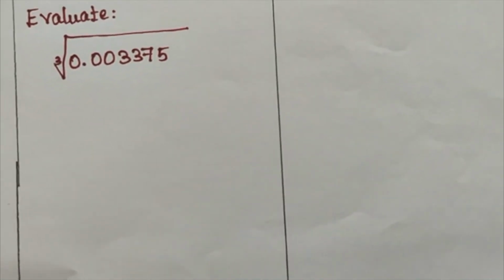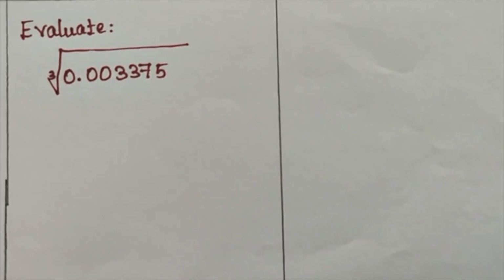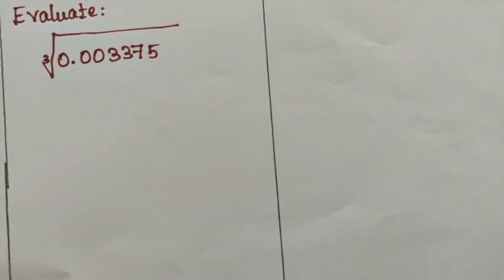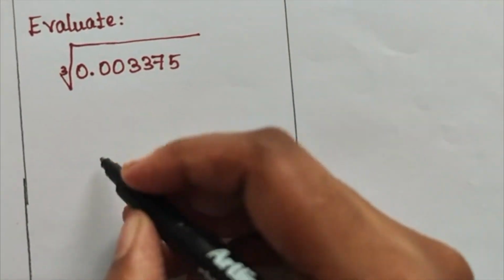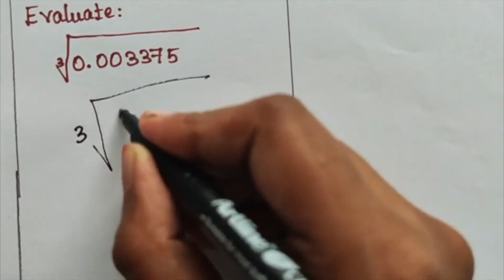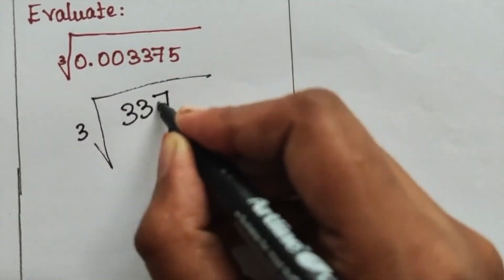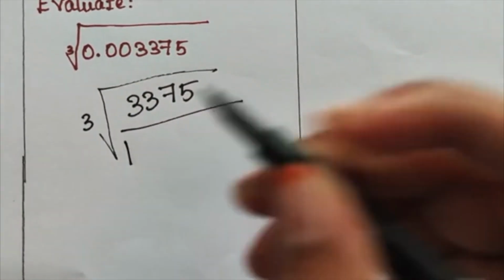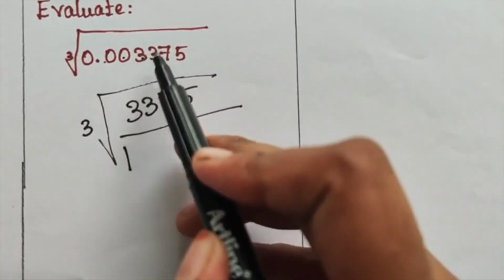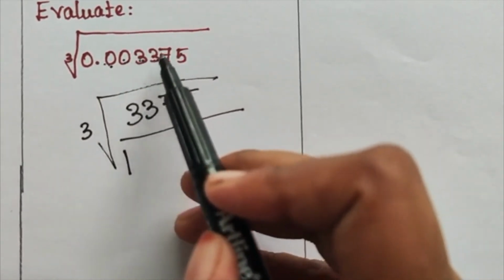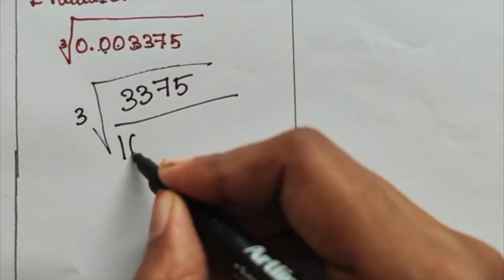Evaluate cube root of 0.003375. So first we need to change this to a fraction. So we can convert this to fraction. So let's write the numerator 3375 divided by, just put 1 and find how many zeros we have, how many digits we have moved in decimal place. 1, 2, 3, 4, 5, 6. So we can add 6 zeros.